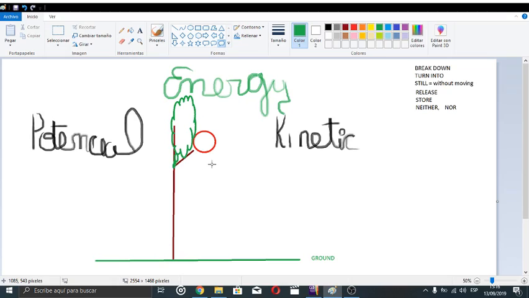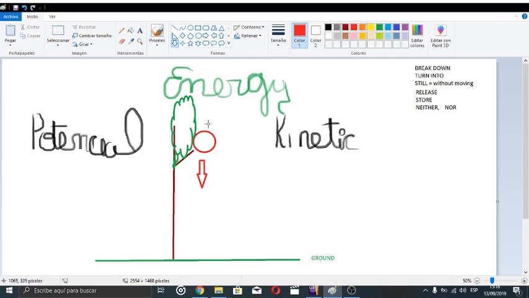But once this object starts moving, it means that it has kinetic energy. In other words, this apple is going to move downwards.